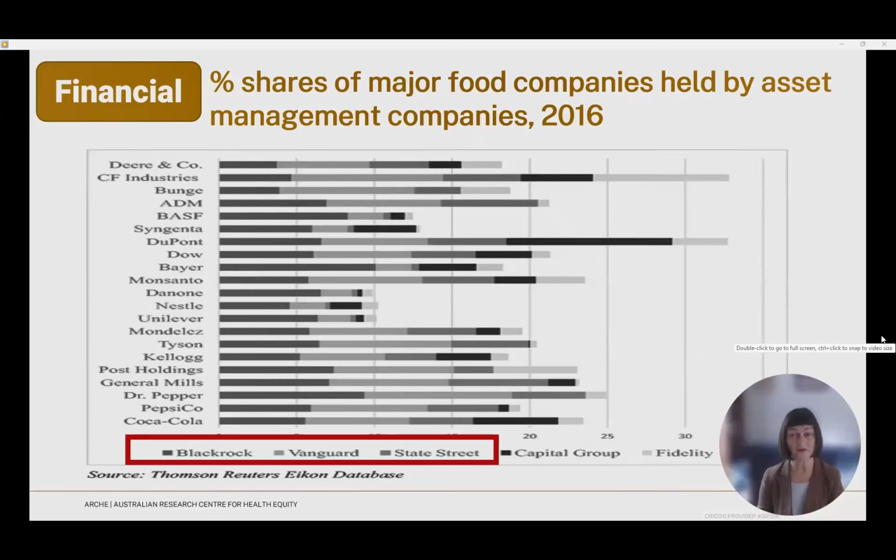You may not have heard of them. These are big asset management companies. Basically, investors give their money to these asset management companies. And these companies invest across a whole portfolio of companies. And you see the range of investments we've got across these companies, for example, these big major food companies.